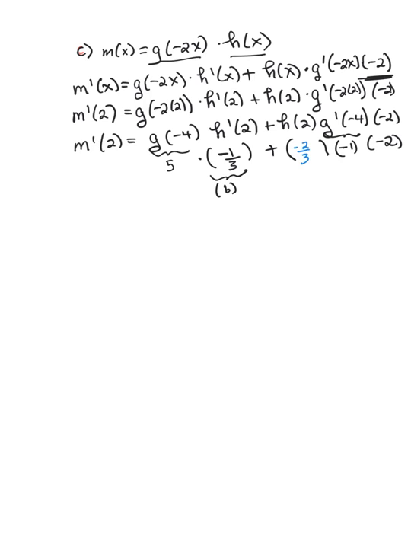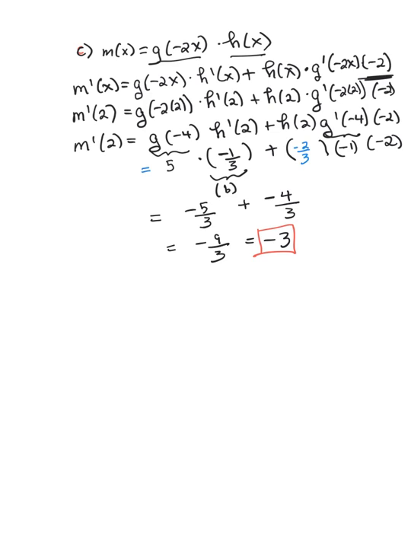And so when we go through the algebra, we get -5/3 plus -4/3 gives us -9/3, and the answer is -3. So that was our answer in part C.